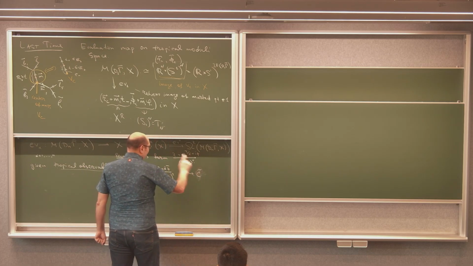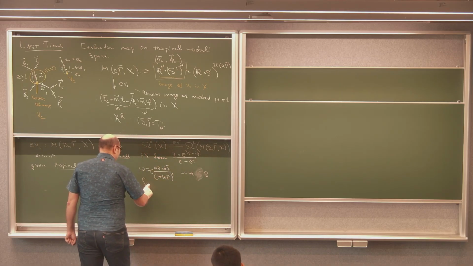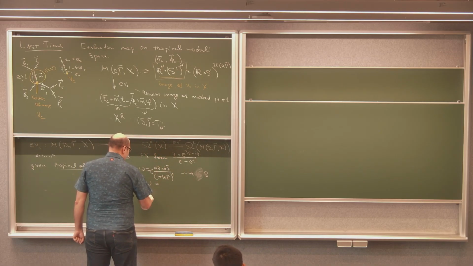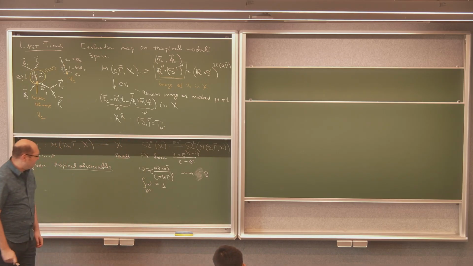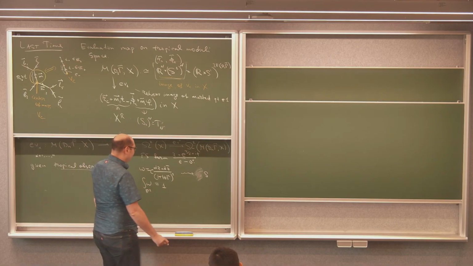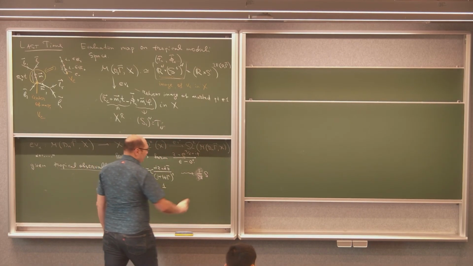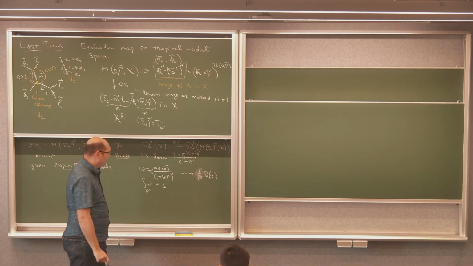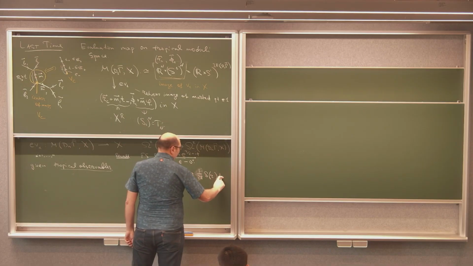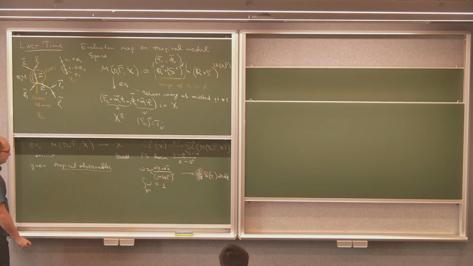So let's say that we choose the normalization such that the Fubini-Study form integrated over the whole CP1 just gives us 1. Then in this normalization we would get the following thing. It is a delta function in the radial coordinate multiplied by the angular form.